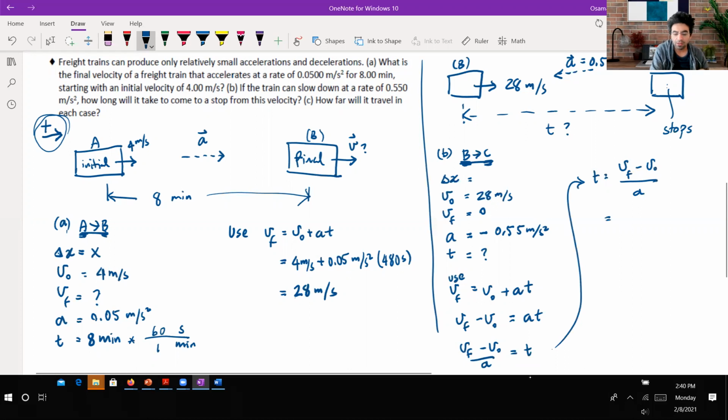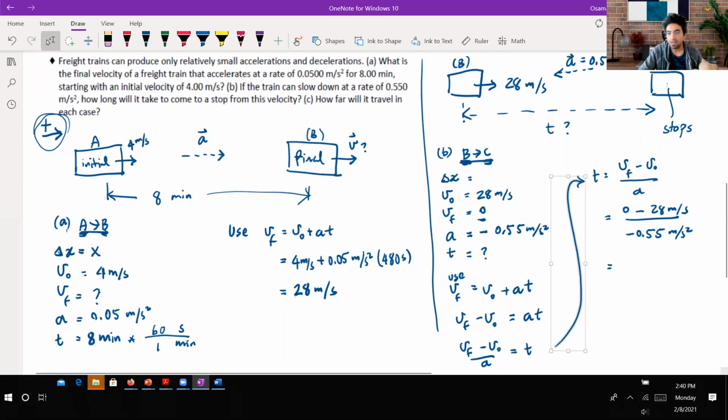The final velocity is the velocity 0 from here. And the initial velocity is the velocity 28 meters per second positive. The negative just comes from the equation. And the acceleration is a negative acceleration at negative 0.55 meters per second squared. So from that, I can figure out what the time is, in seconds.